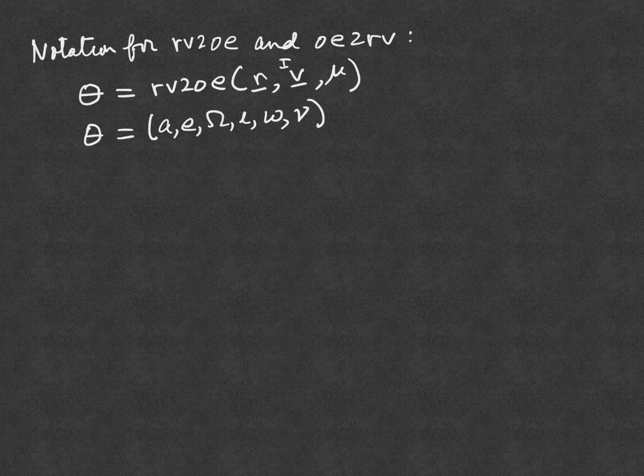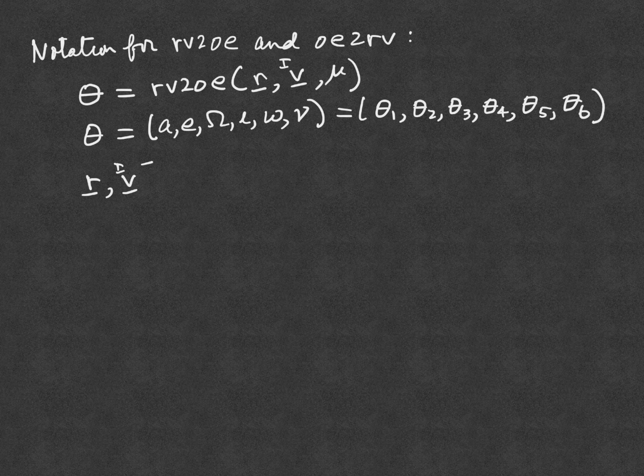So we can see that theta has 6 elements, right? So this is going to be theta 1, theta 2, theta 3, theta 4, theta 5, and theta 6. Now, the inverse operation, which is OE to RV, is going to take the 6 classical orbital elements along with the gravitational parameter mu and produce back for me the position and the inertial velocity.